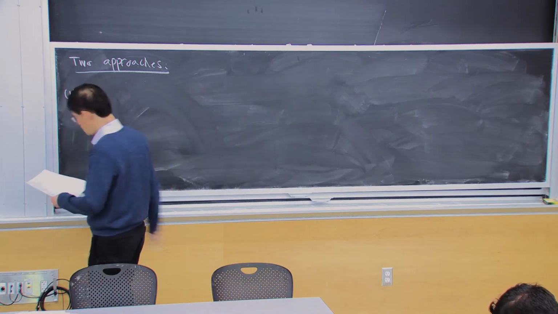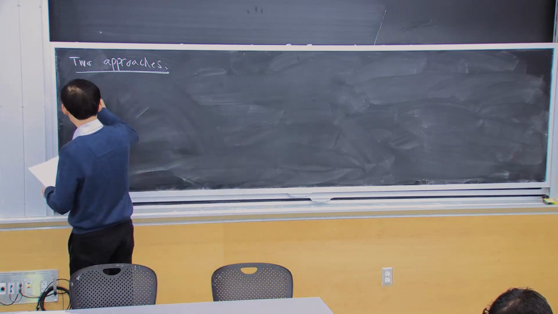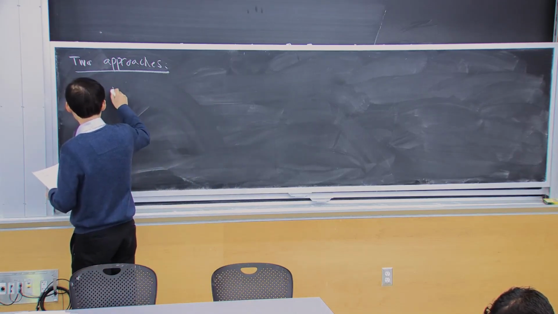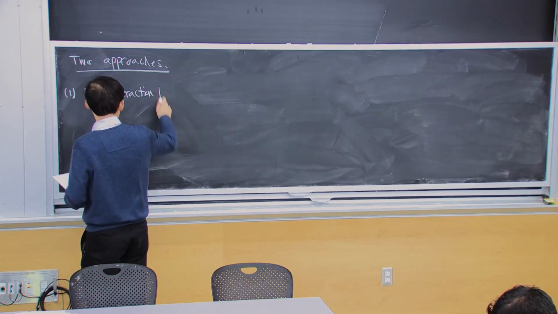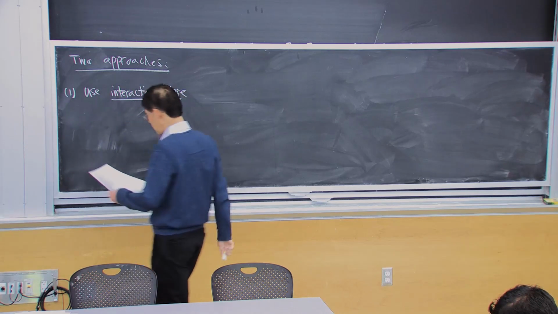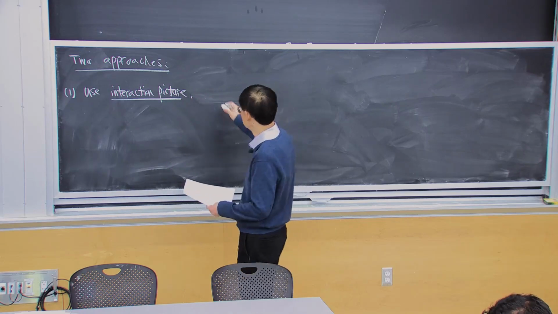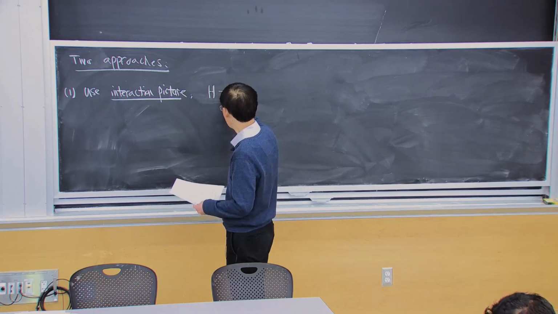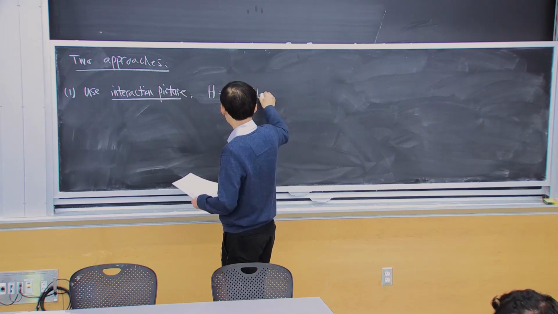The first is to use the so-called interaction picture. What you do is the following. You separate your total Hamiltonian into a free-theory Hamiltonian and the interacting part.